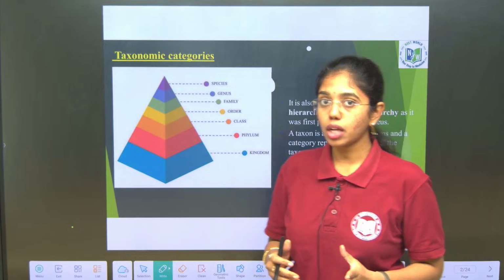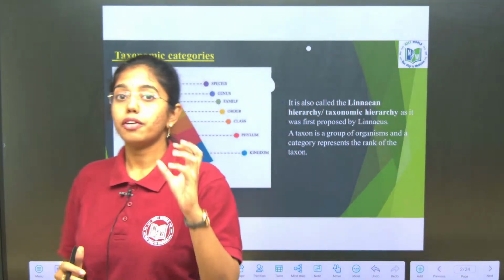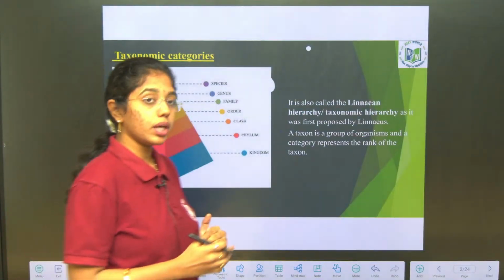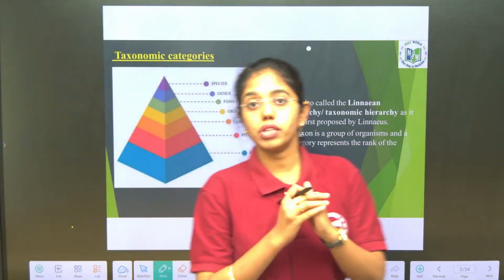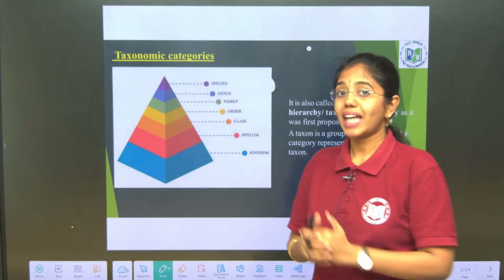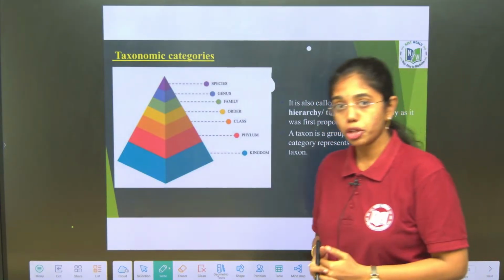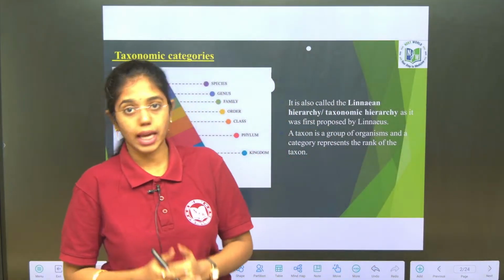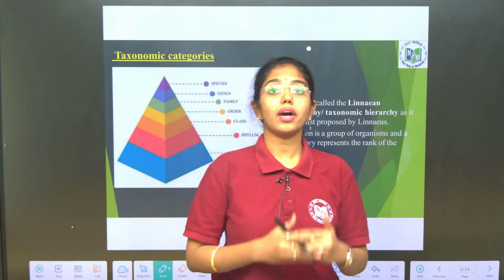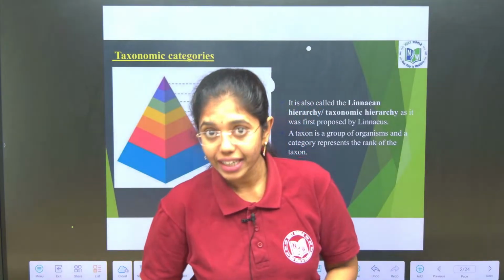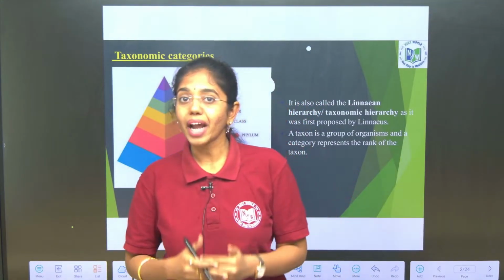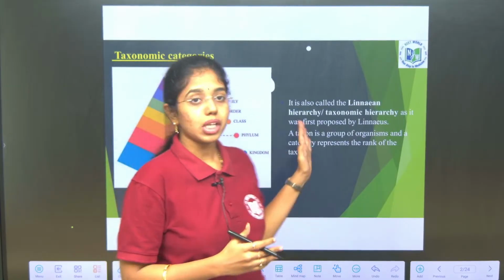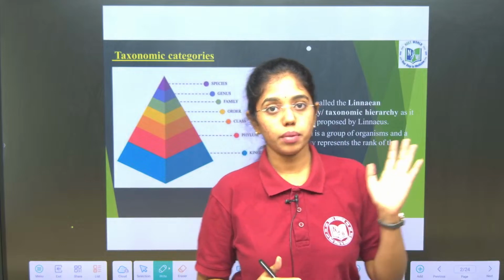These are the first half of the living world, and today we are going to deal with the major segment of this chapter, which includes taxonomic categories and the tabulated form that we have to remember for all the 7 obligate taxonomic categories. After this we are going to learn taxonomic aids. Post that we are going to practice all the EAPCET PYQs which come under taxonomic categories and taxonomic aids.